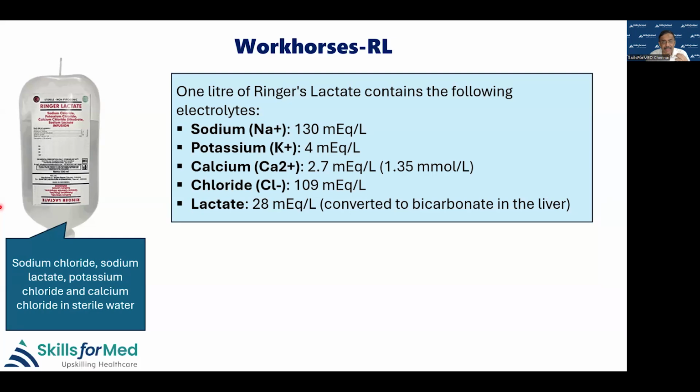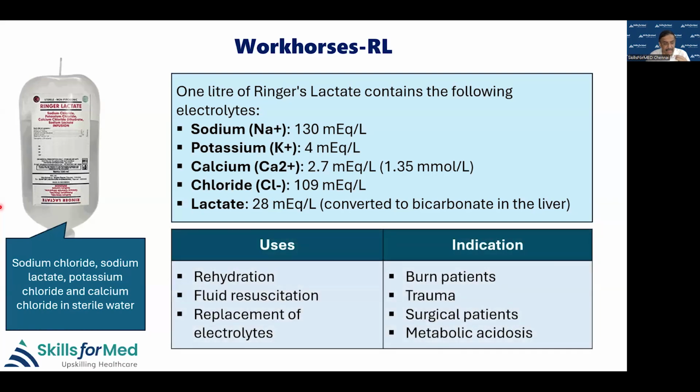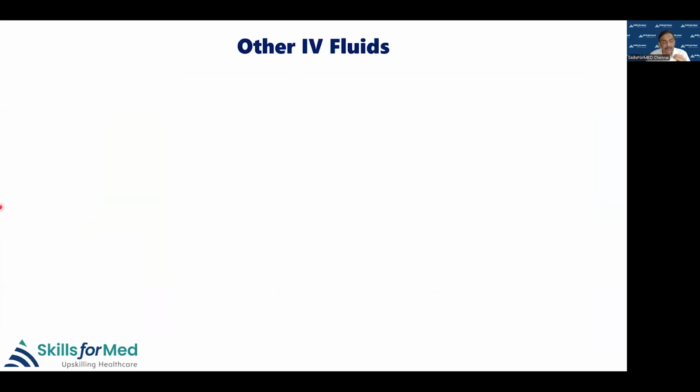It exactly mimics plasma. That is why it is so important to use it in burns and in people who have lost a lot of fluid. So it is used in rehydration, fluid resuscitation, and replacement of electrolytes. Indication, as I said, burns, trauma, surgical patients, and metabolic acidosis because of the bicarbonate. Okay, so these are the two workhorses.